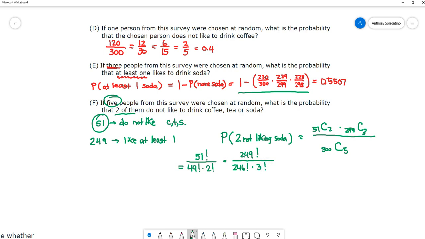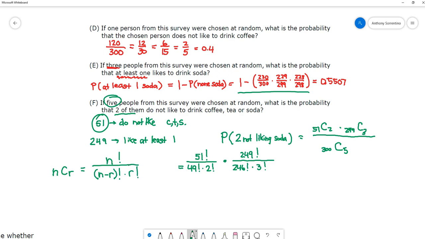And this comes from the formula that nCr equals n factorial over n minus r factorial times r factorial. That's the formula for that.